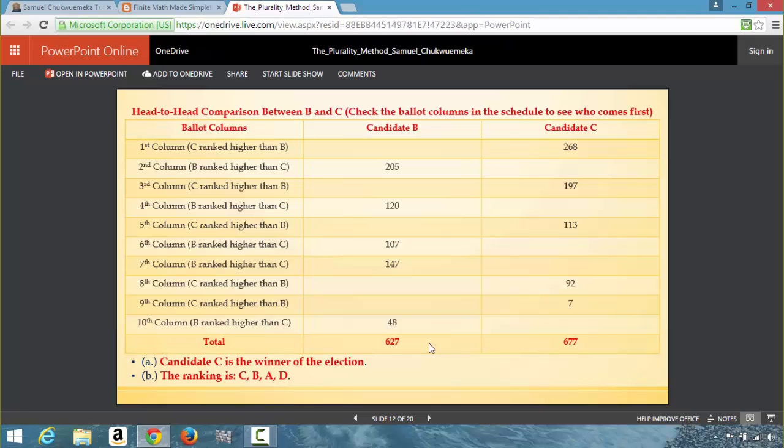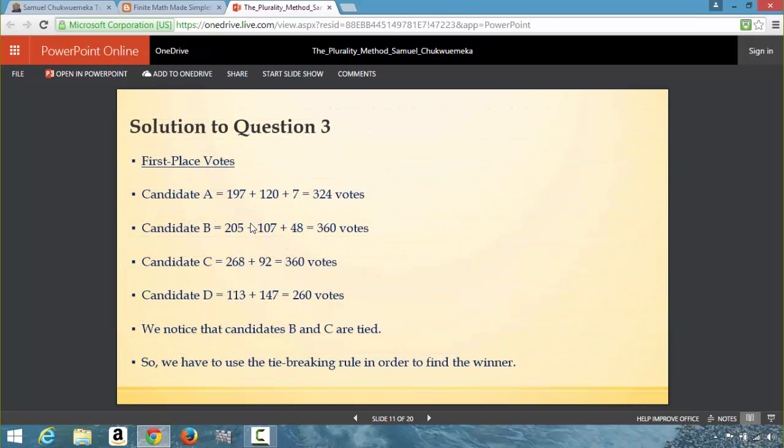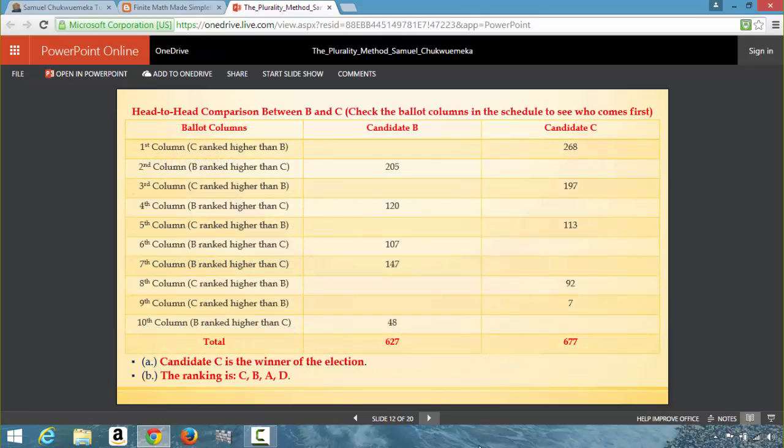So C will come first, then B second, then because of these votes, A has more votes, A third, and then D fourth. Does that make sense? CBAD is the ranking. Do you understand it?